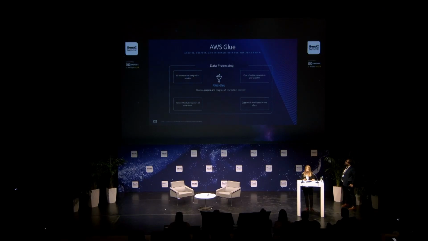Then we have Glue, our serverless integration service. It helps you get the data, prepare it, enrich it, and cleanse it. It's meant to support different personas, from data analysts to data engineers, so it offers a visual interface but also a code-based interface to support your integration journey.